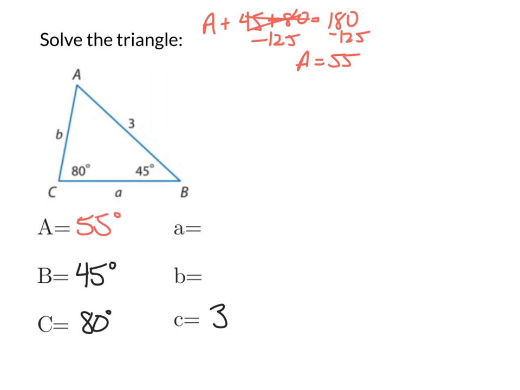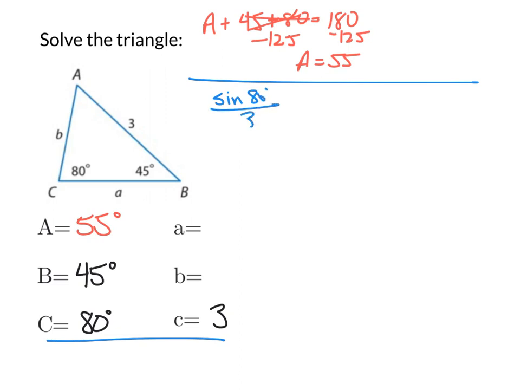Now for the 2 missing side lengths. In order to do that, I'm going to use the law of sines, and I recognize that I have this pair, this angle and its opposite side. That's half of the law of sines that we need, because the sine of 80 degrees is going to be related to 3 in the same way that the sine of B is related to B. Well, angle B is 45 degrees, and it's side B that we don't know.